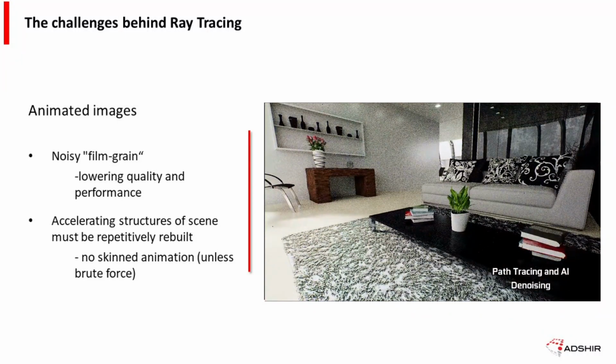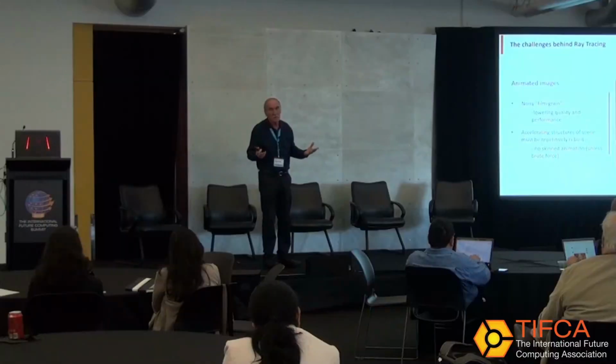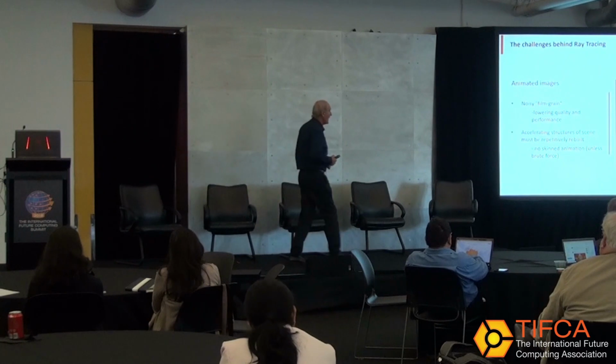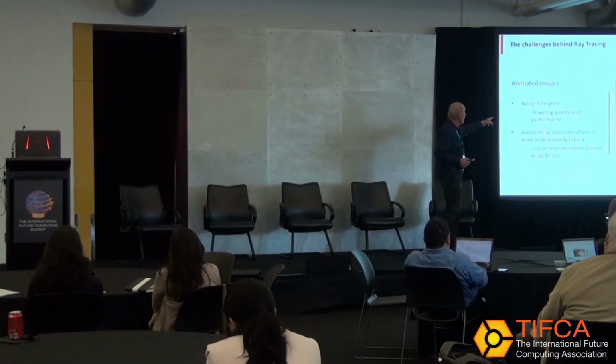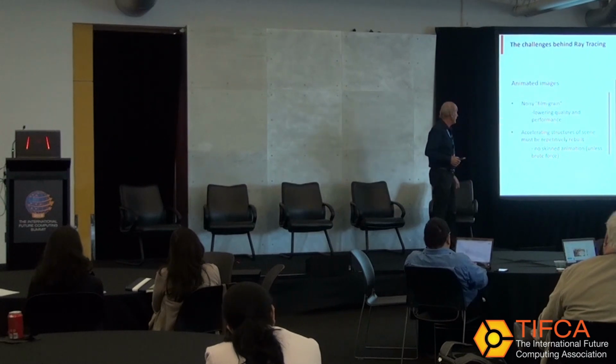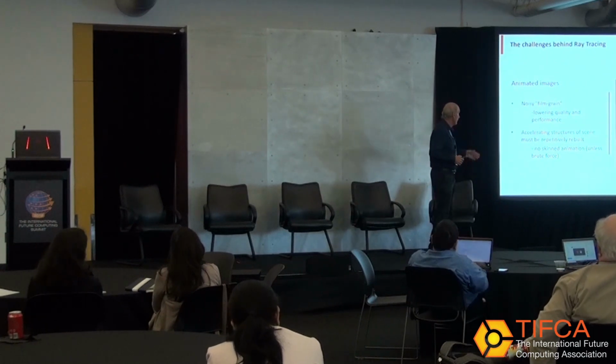Now think about animation. Can you make real-time animation with this? No, that's a problem. That's why in animated images there's a problem of noisy film grain. So it lowers the quality and also the performance.